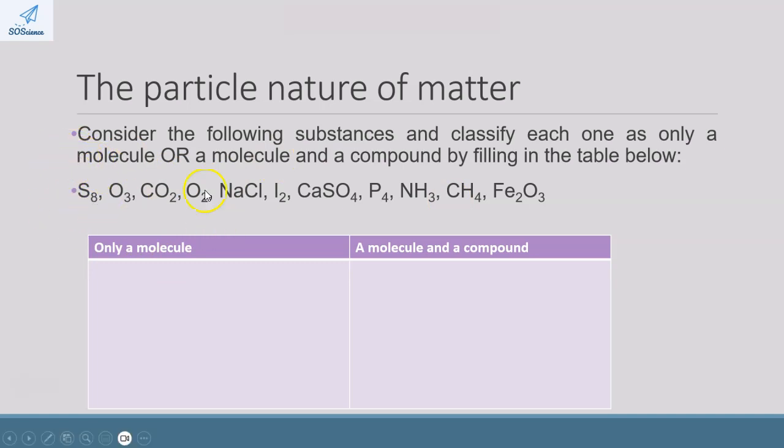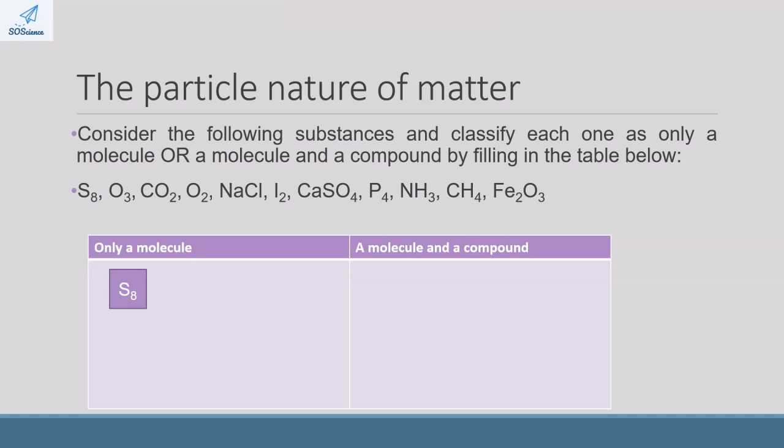And to be a compound, you need at least two types of atoms that are chemically bonded to each other. So S8 would be only a molecule. I would like you to pause the video now and complete the table on your own, and then you can resume the video and go through the answers with me.